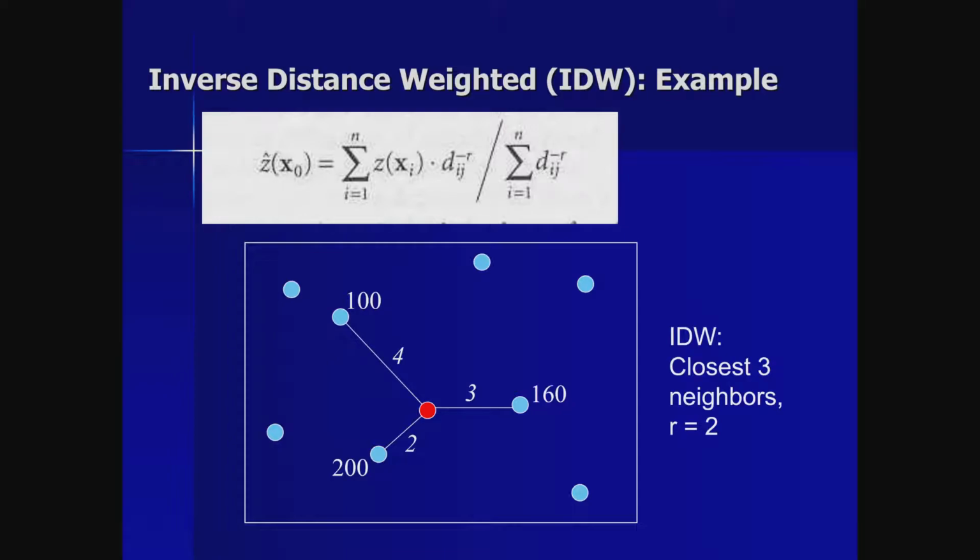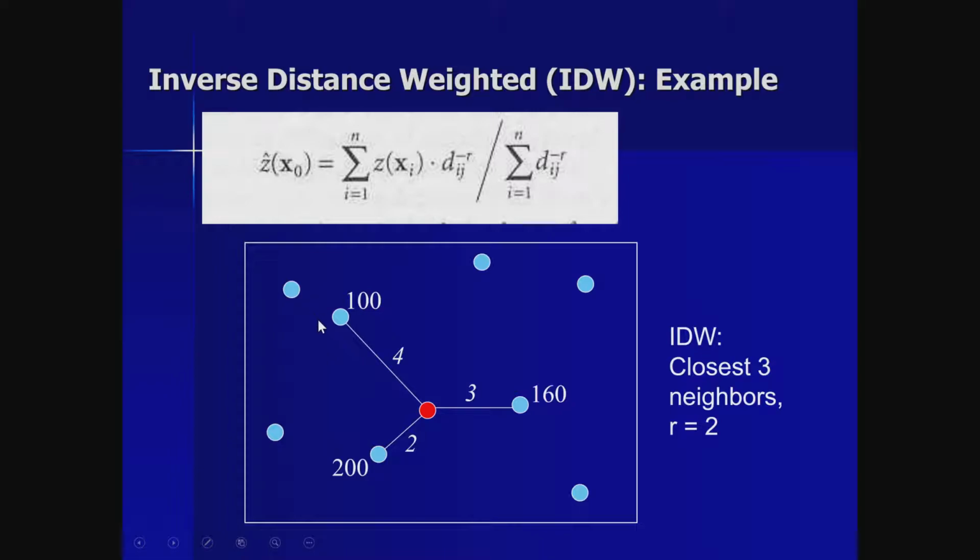These numbers here, 4, 3, and 2, represent the distances away from these values. And the numbers here, 160, 100, and 200, represent the value of the surface that we're trying to create at that point.